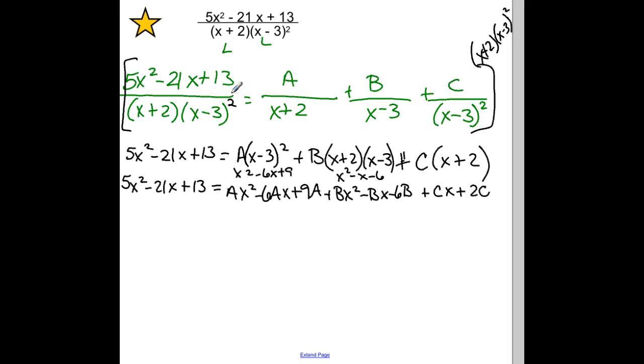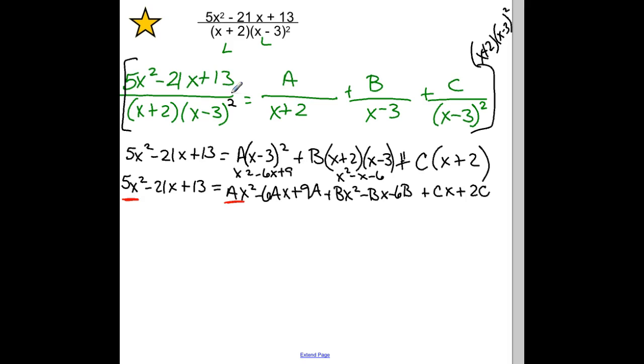All right. Now, yesterday I said you can physically move all these pieces around and regroup them if you want. If you can go through and just pick out the things you need for each equation, I'm okay with that as well. So, for example, on this one, our 5x squared over on the left side has to balance with any of the x squareds on the right. Yes? So, find your x squareds.